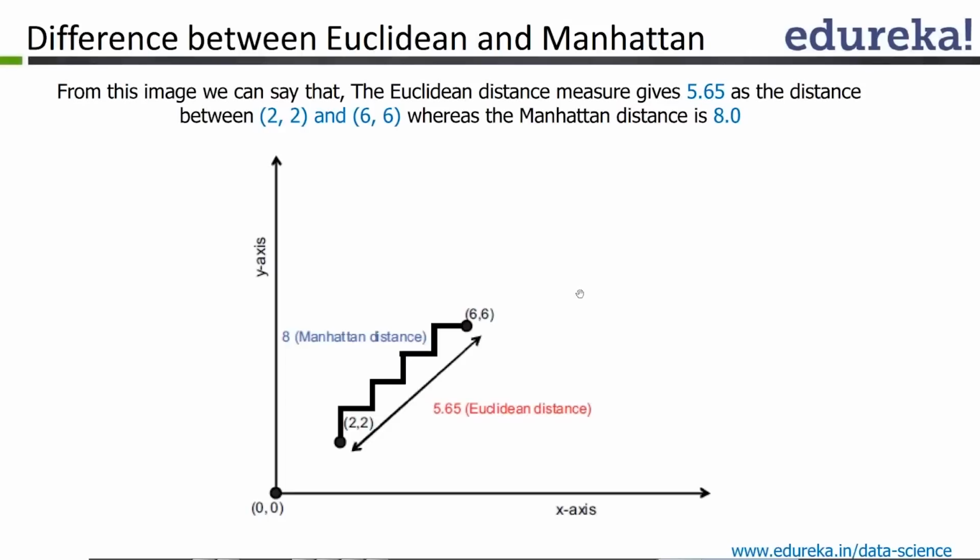So A1 and B1 belong to the same kind of unit of measure, and therefore the difference will be defined there. And similarly, A2 and B2 are defined on the same unit of measure, and therefore A2 minus B2 is also defined properly. So for Euclidean distance, you don't really need to normalize.